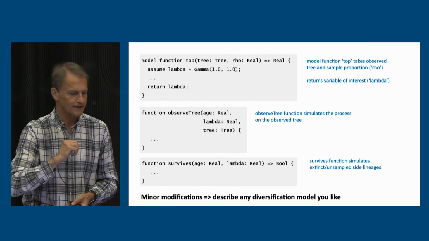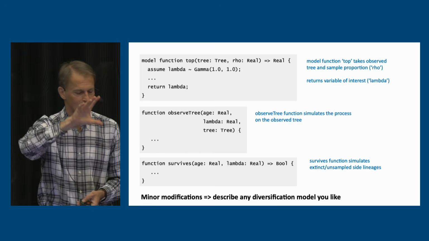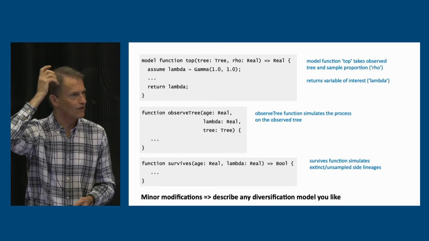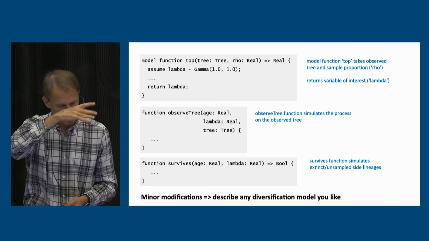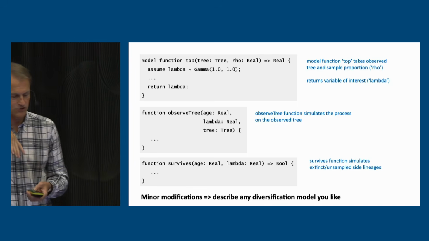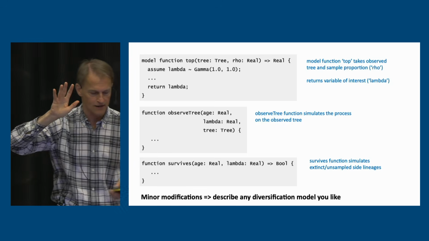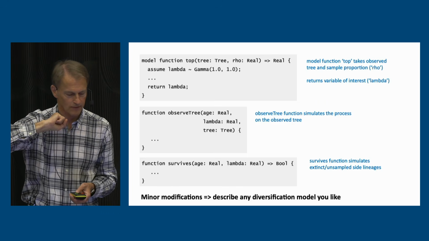So to represent that model, I just want to give you a feeling for the structure. We have this model function, the top or main function in the model, and it draws some parameters from priors, and then it returns whatever we're interested in, in this case just the speciation rate, but we can return anything we like from a sample from that model.